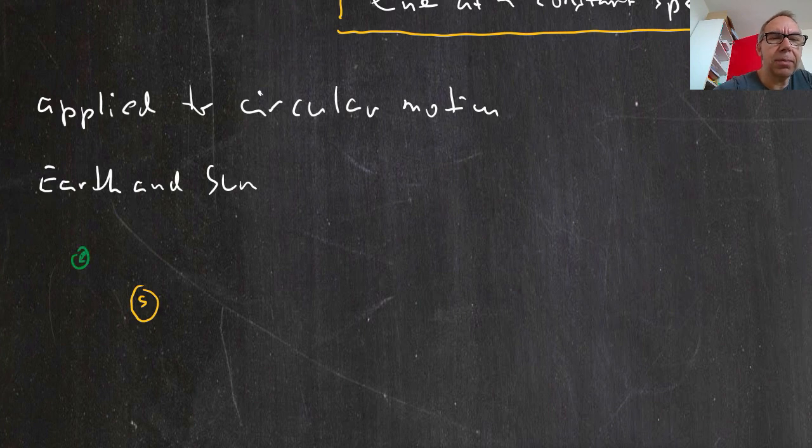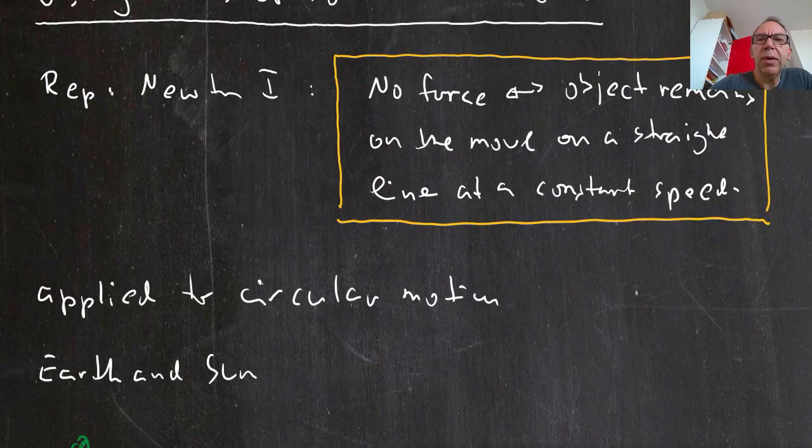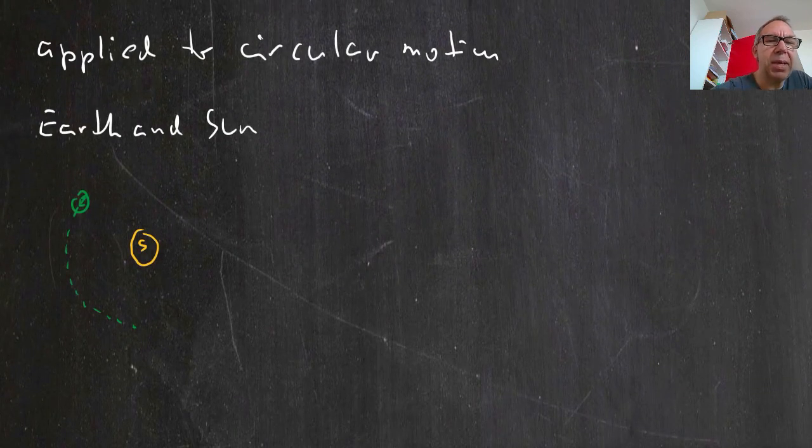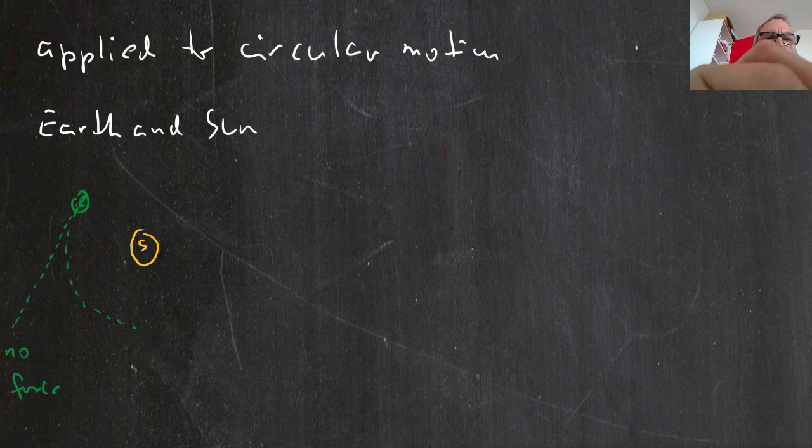So this is the Earth, and we do this circle. According to Newton's first law, the Earth is supposed to do a straight line if nothing happens. So basically the Earth should just follow this track if we have no force. So apparently we do have a force to make the Earth go round, and this force is done by the Sun. Of course, this is the gravitational force that we know, pulling the Earth and making the Earth go round.